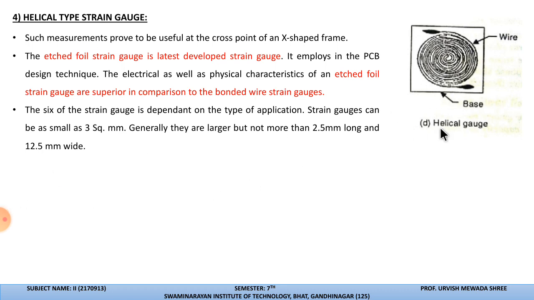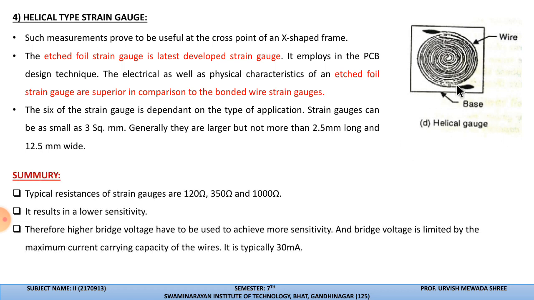As we know, as the gauge size is small, it can be used widely for stress and strain measurement for industrial purposes. They are larger but not more than 2.5 mm long and 12.5 mm wide. So this is the criteria, or we can say the dimension, for the strain gauge which we can use for stress and strain measurement for industrial purposes.